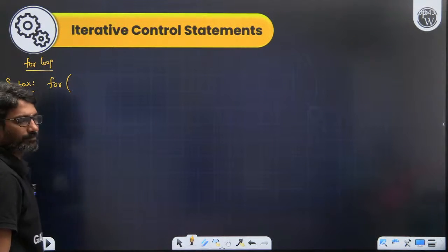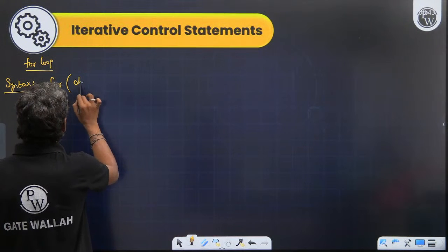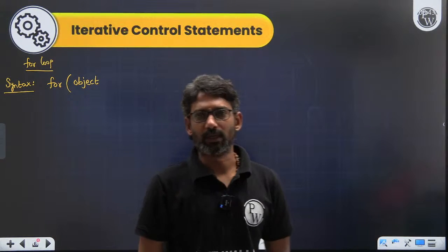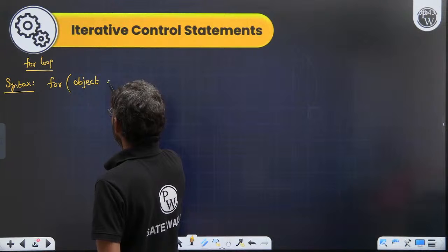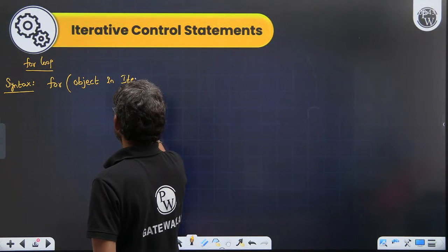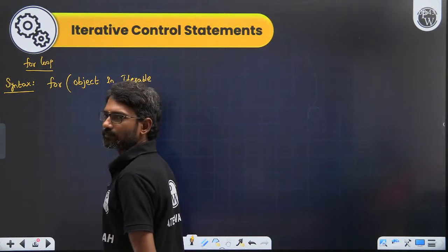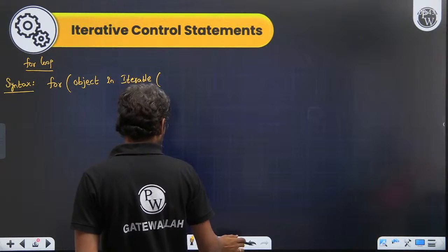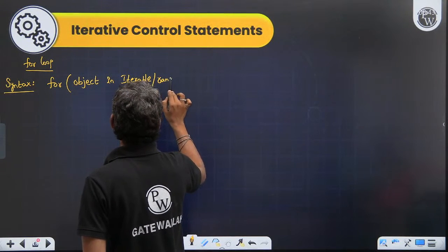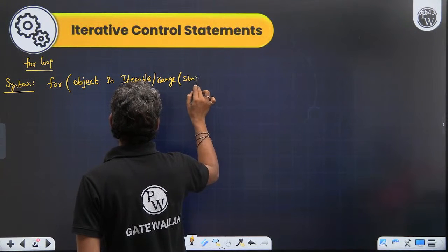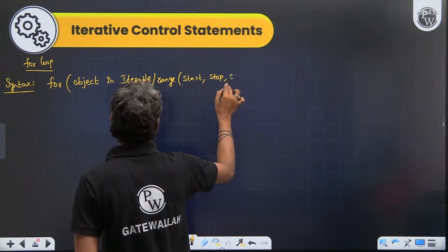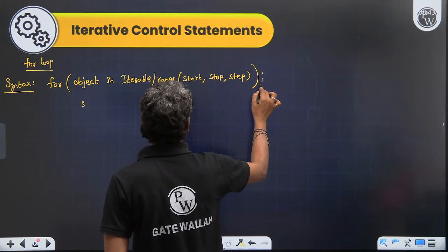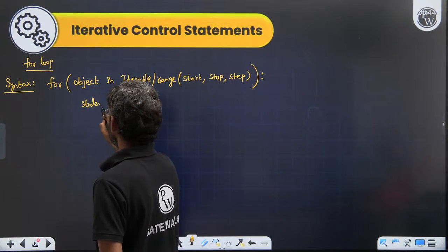So for of object, whatever class object you want to take, that you can take in the iterable, or if you want to give a range, you can write range of start, stop, step, then statement and statements.